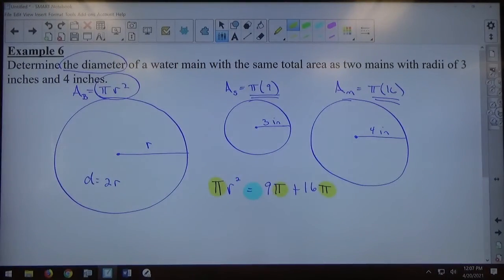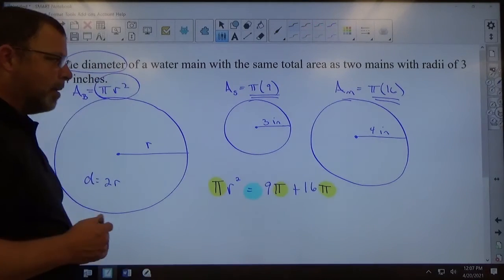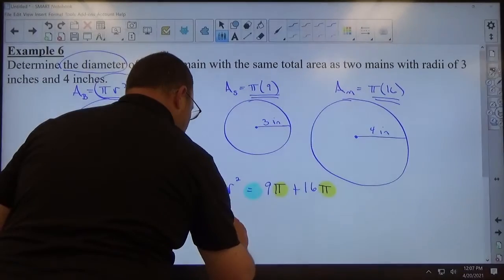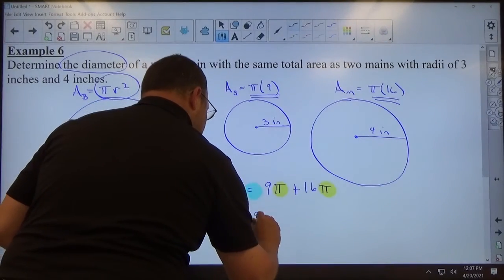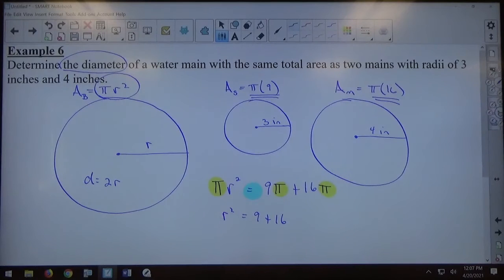There's 3 total terms. Every single term contains the number pi. You are legally allowed to divide everything by that number if you feel like it, or multiply everything by some number. It doesn't matter, as long as you do it to everything. So if pi r squared equals 9 pi plus 16 pi, that means r squared equals 9 plus 16. Again, that is a legal algebraic step anytime you feel like it.